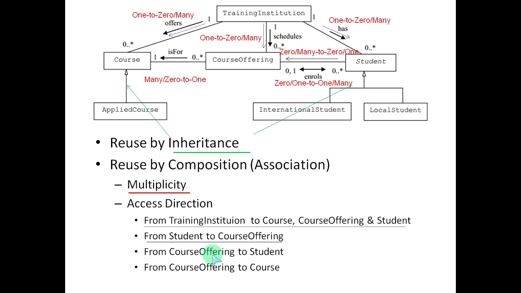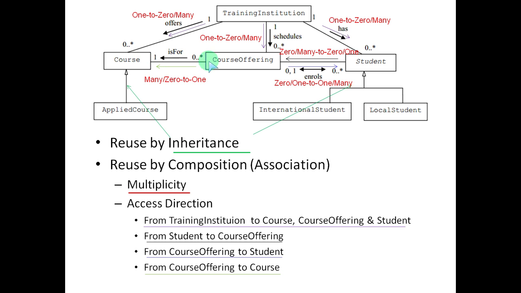Now we look at it from course offering to student, the other way around. We can also access student from the course offering, and it will be one to many, right? And the last one is from course offering to course. You can access course from course offering objects, but not the other way around.